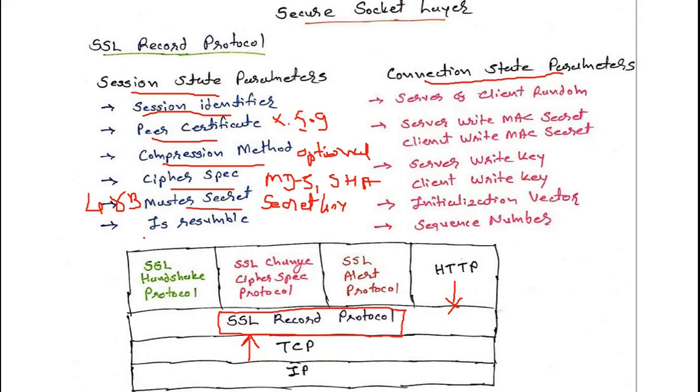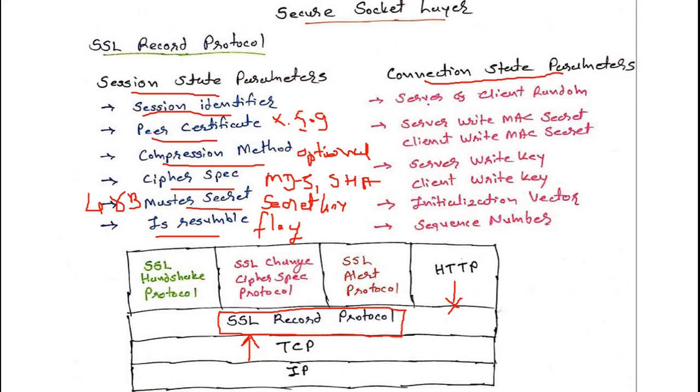And another thing is resumable, which is a type of flag, and it indicates the session. Whenever we are generating a session, whether the session can be initiated or not can be decided by the flag.